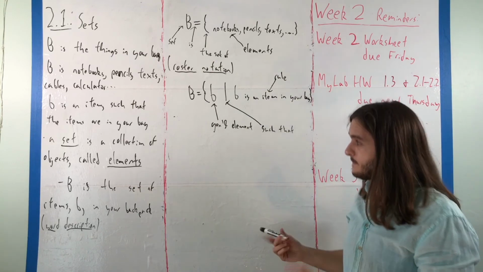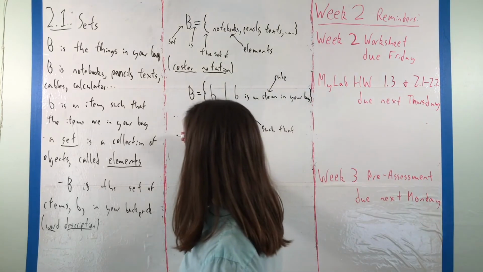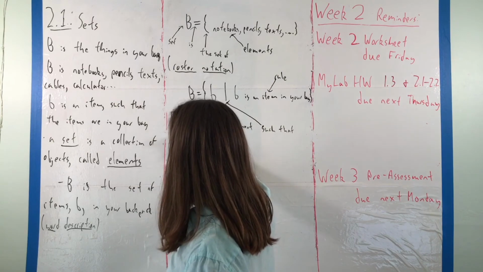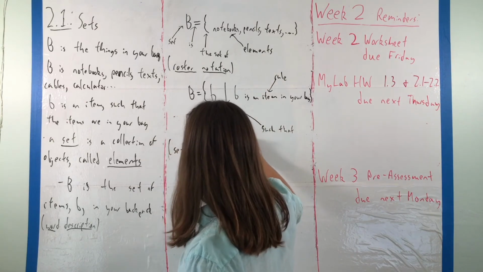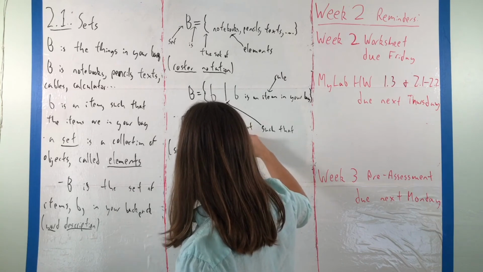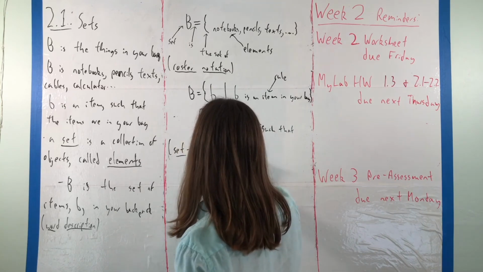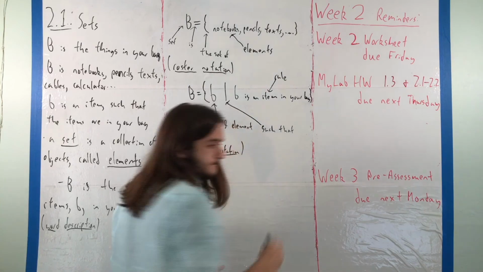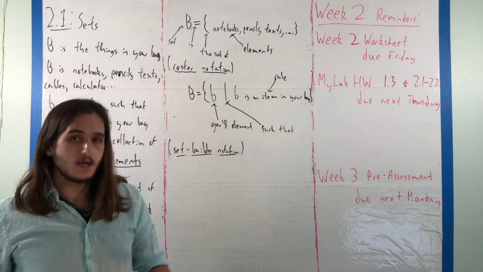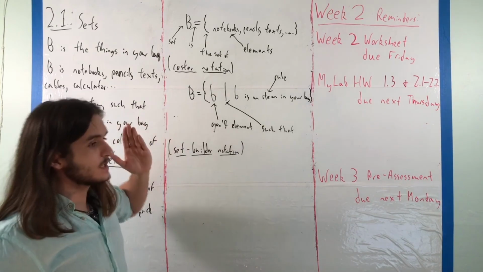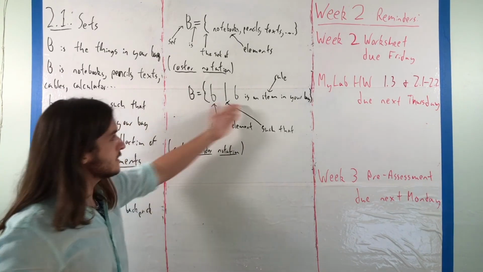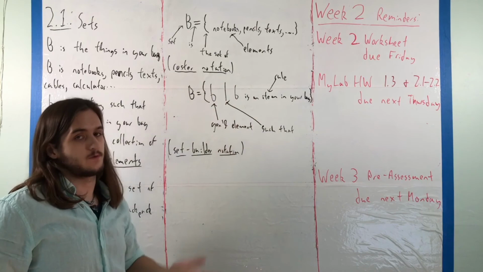Which is why this is what's called set builder notation. Because what you're doing is taking your set and describing it in terms of the rule that it's built from.